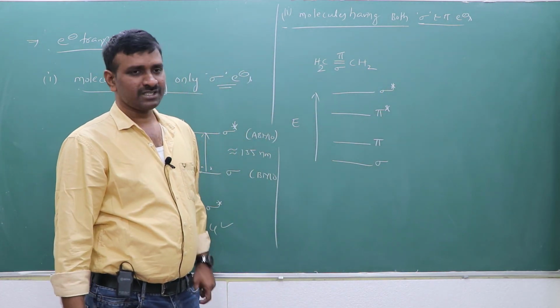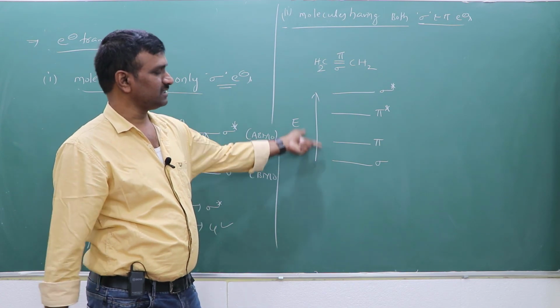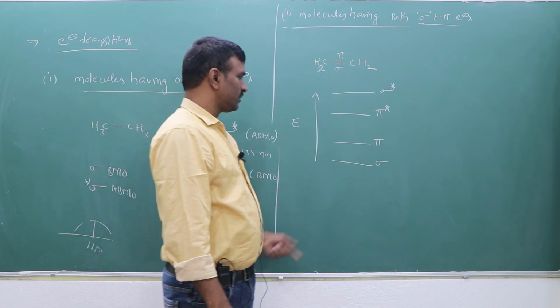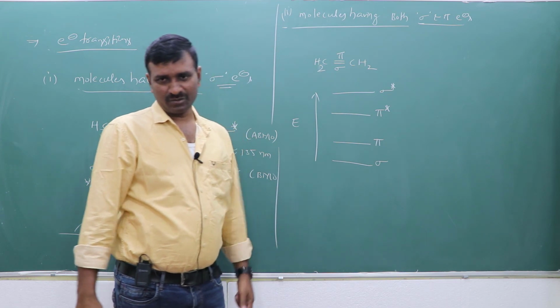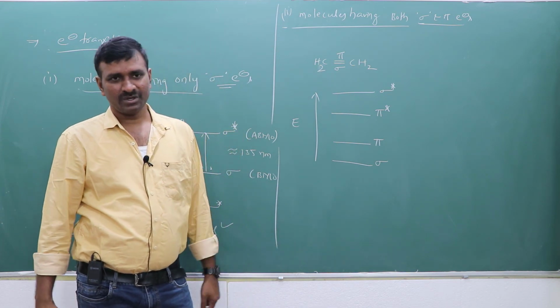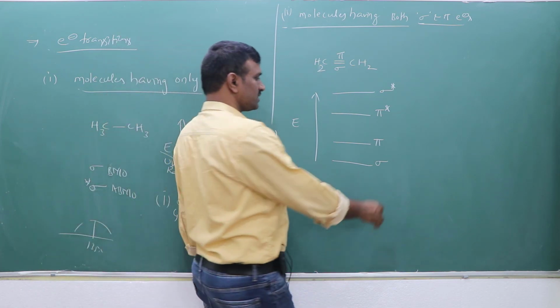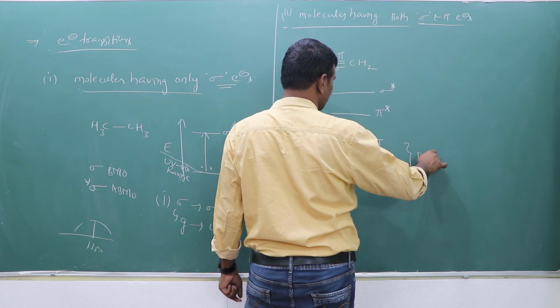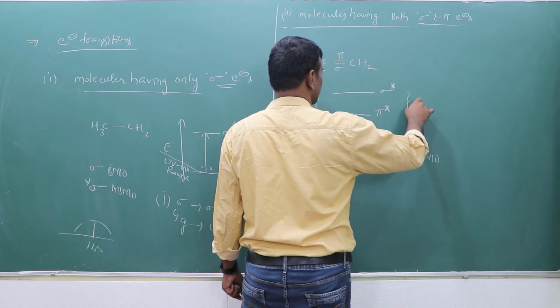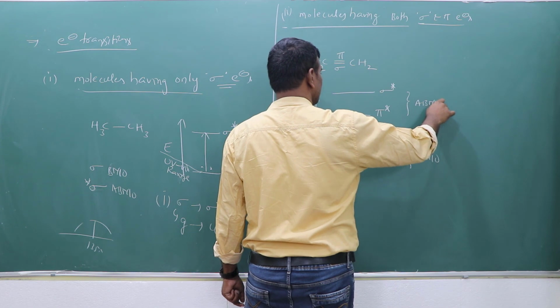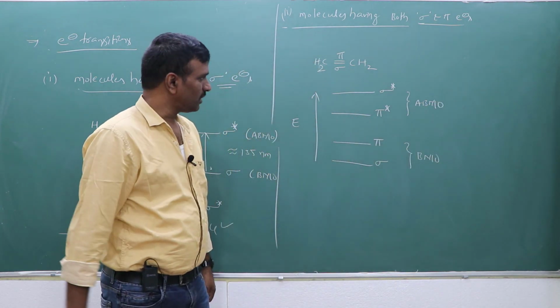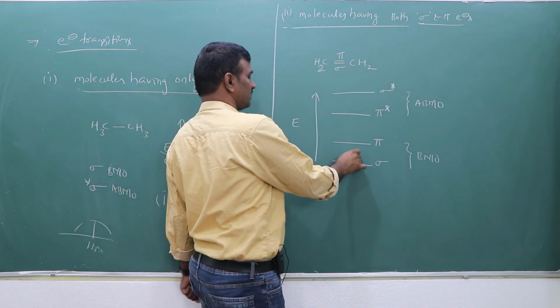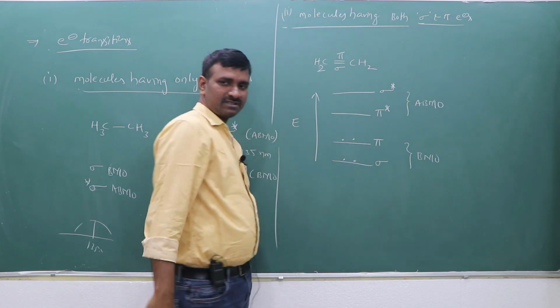Sigma, pi, pi star, sigma star based on those energies. High energy is unstable, low energy is stable. These two are bonding, and these two are anti-bonding molecular orbitals. Bonding molecular orbitals have pairing of electrons.